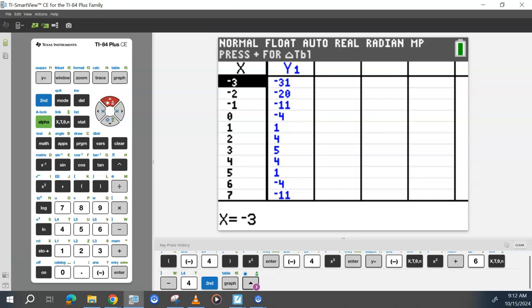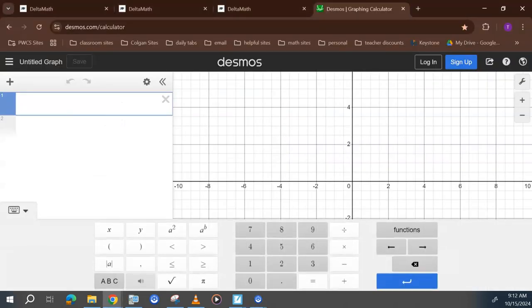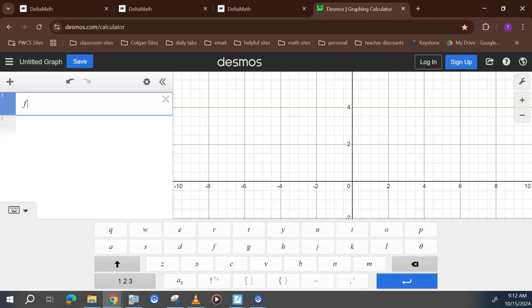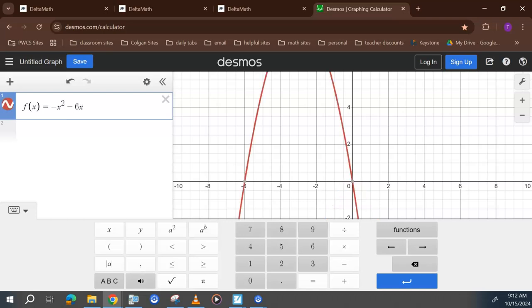Okay. Desmos basically works the same way. Is that plus 6x or minus? Plus 4.